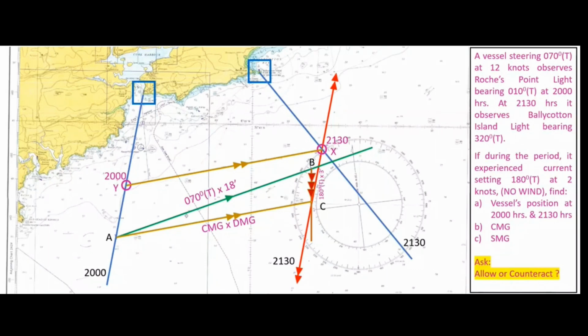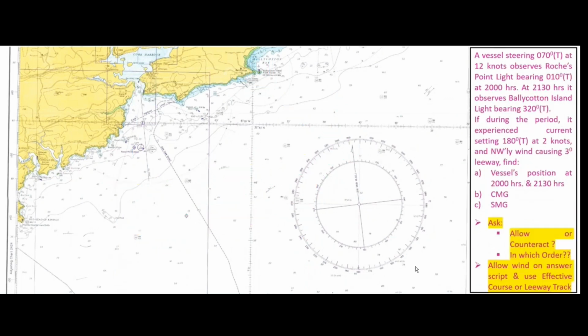Let's now see the application of this transferring of PL concept with both wind and current in force. Now let's take the last example in which we have both wind and current.